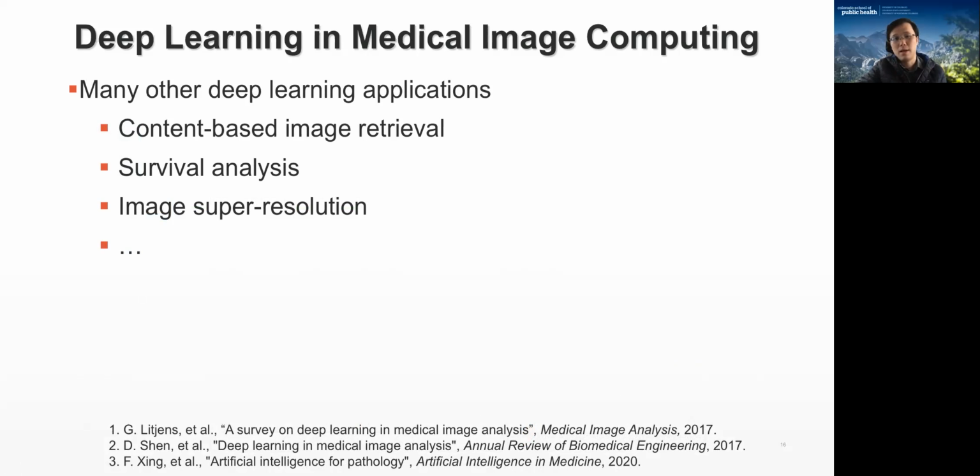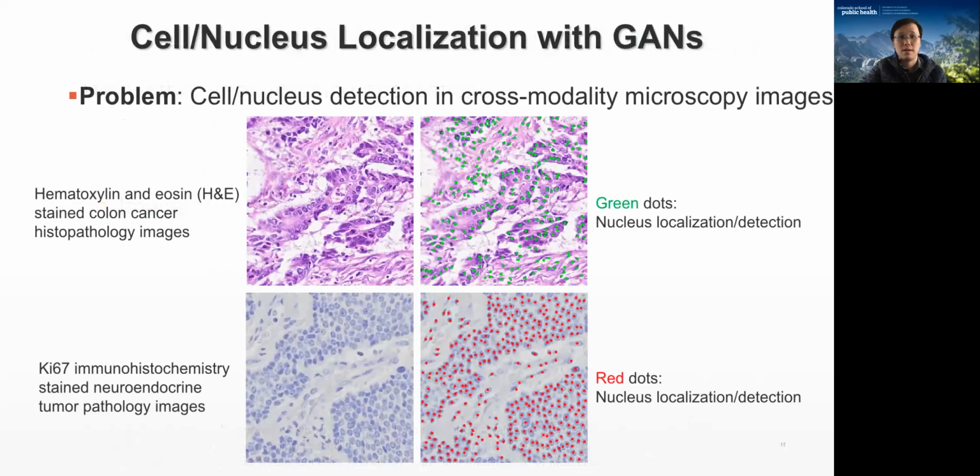Next, I would like to discuss in more detail how to develop deep learning algorithms for different kinds of tasks in our research. The first project I would like to discuss is how to develop an algorithm for automatic cell detection in cross-modality microscopic image data.